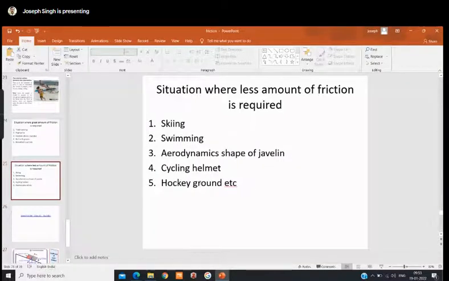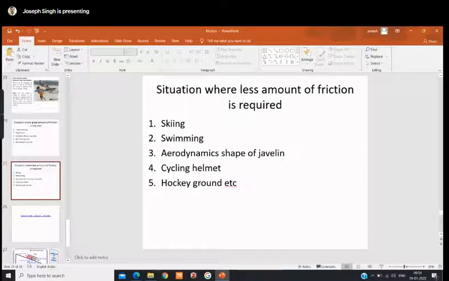Now next is the situation where we need a lesser amount of friction. Like in skiing, we need less friction. Why? Because the movement can take place faster. In swimming, we need less friction. We wear caps and shave the hair because we need less friction there.